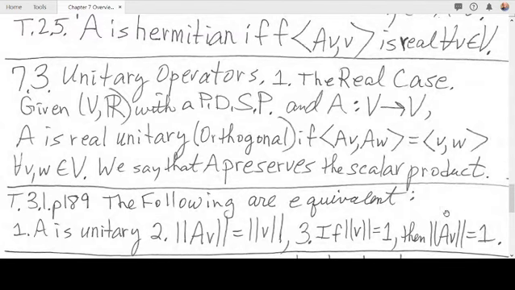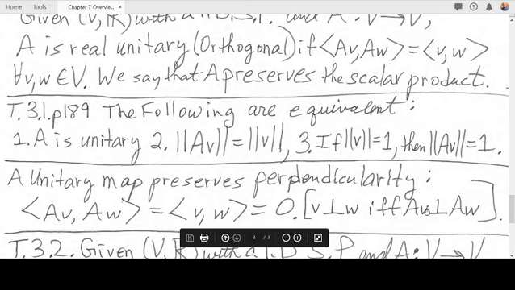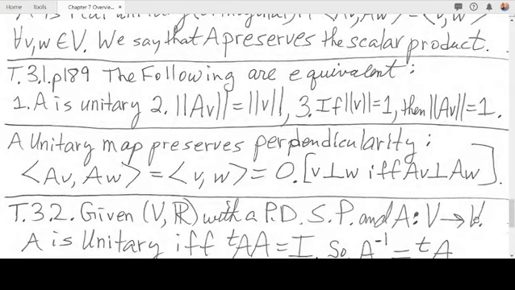And an implication of that definition is theorem 3.1 on page 189. We have three properties that are equivalent now for unitary operators. They are: 1, A is unitary; 2, the norm of AV equals the norm of V; and 3, if the norm of V is 1, then the norm of AV is also 1.